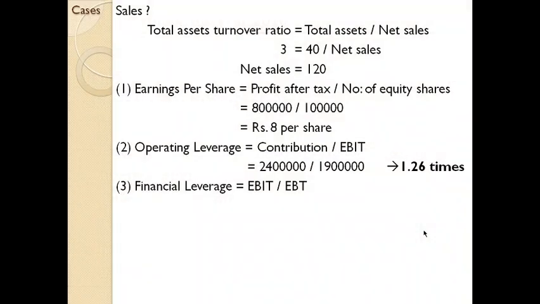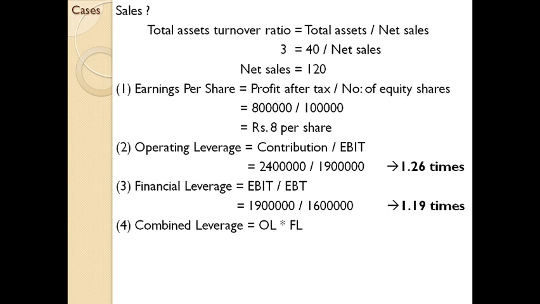So 19 lakhs divided by 16 lakhs, you will get 1.19 times. And finally, combined leverage. As usual, just multiply the preceding two leverages, operating leverage and financial leverage, that is 1.26 into 1.19, you will get 1.50 times.